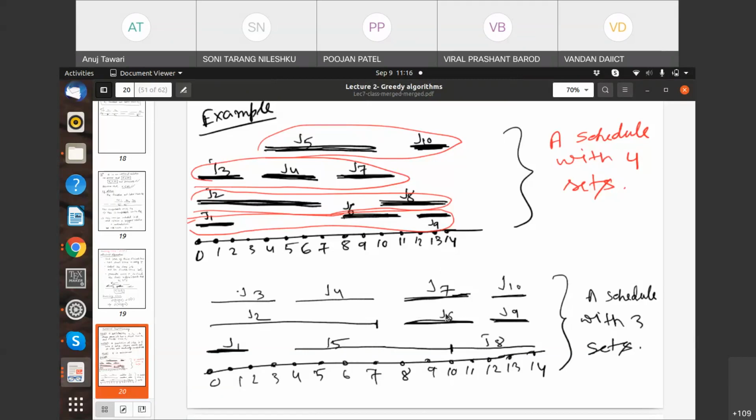So we want to formally prove that this schedule with 3 sets is the best possible, right? Why can't you have 2 sets? Just 2 sets.